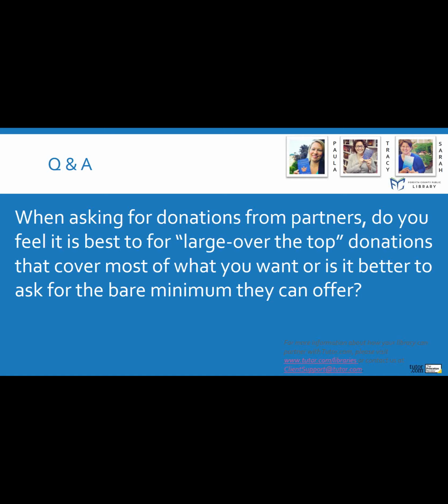I think it helps to have a good idea of why you're seeking the donation. And I can give an example based on our summer reading program. When I began talking to potential donors in the community, we knew that we wanted to have different prize levels. We knew that we wanted to have some prizes that were obtainable, that were smaller in nature.